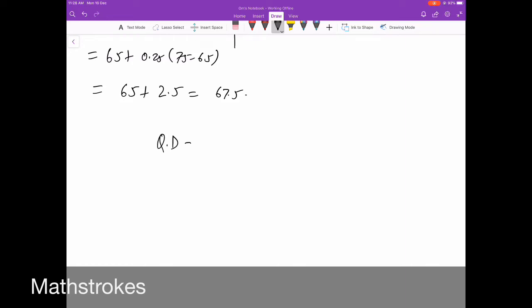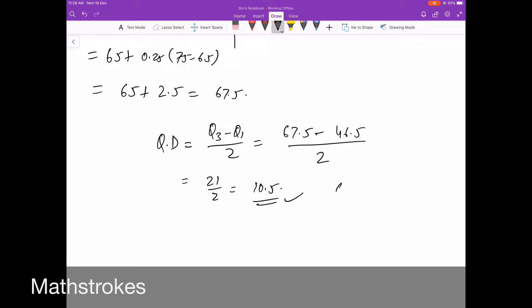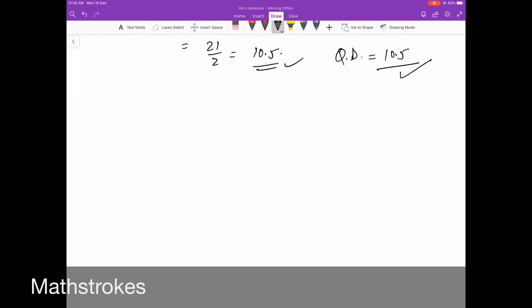Now let's calculate the quartile deviation. Quartile deviation is q3 minus q1 upon 2, which is 67.5 minus 46.5 upon 2, which is 21 by 2, which is 10.5. So our quartile deviation for the given data is 10.5. Let's calculate the coefficient of quartile deviation.